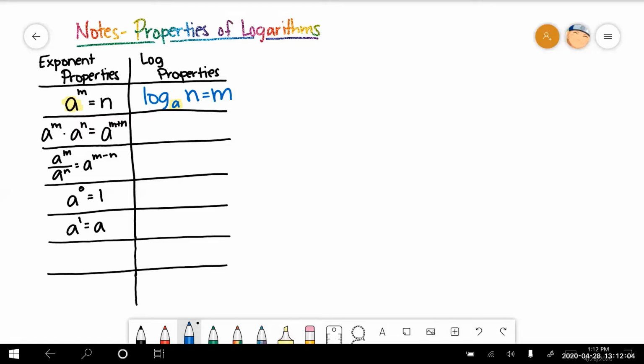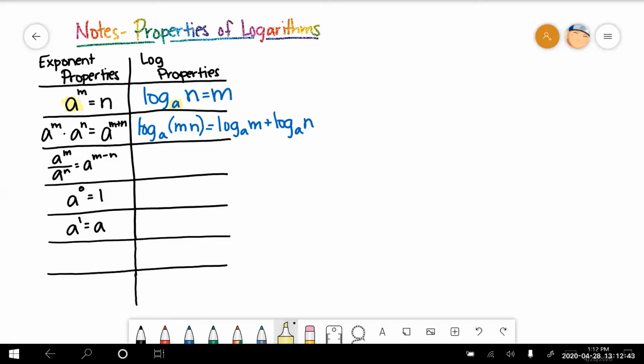We had an exponent property where when we multiply two numbers with the same base, we can add their exponents. And coincidentally, and they derive from each other, so it kind of makes sense, log base A of m times n, so again we're multiplying, produces the following relationship: log base A of m plus log base A of n.